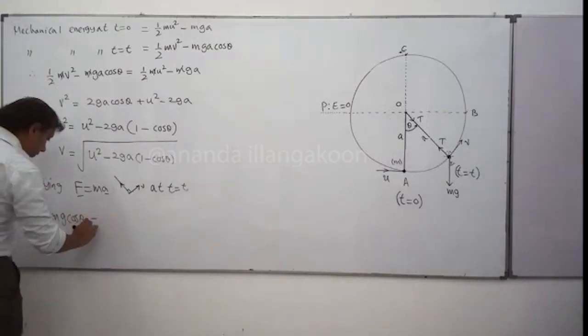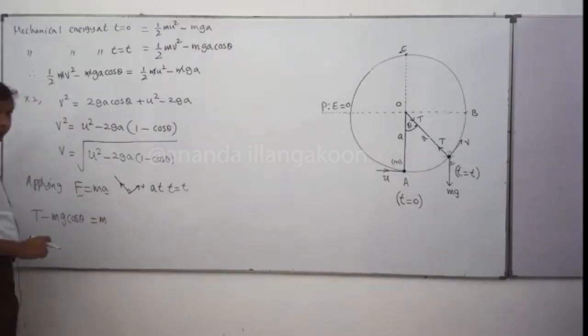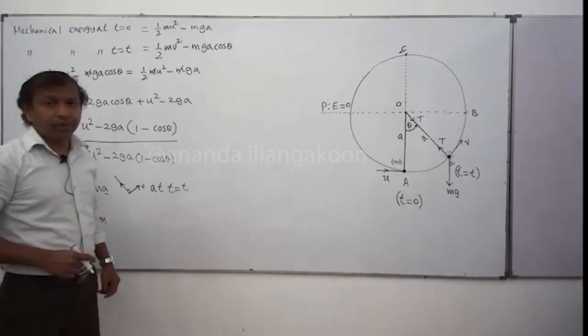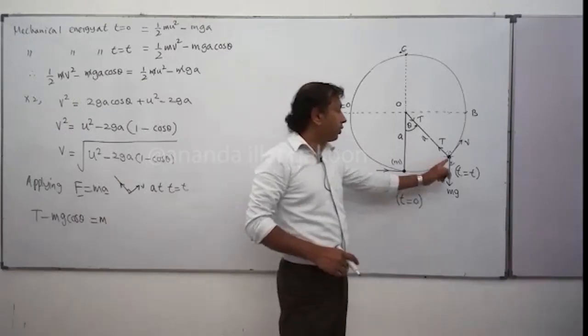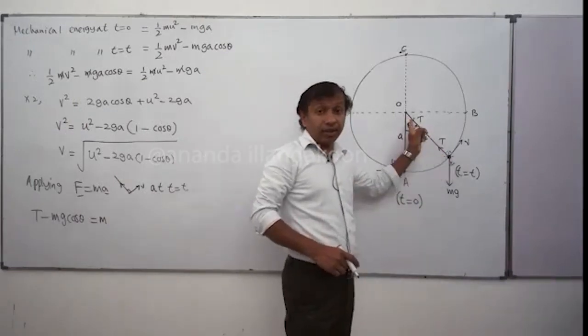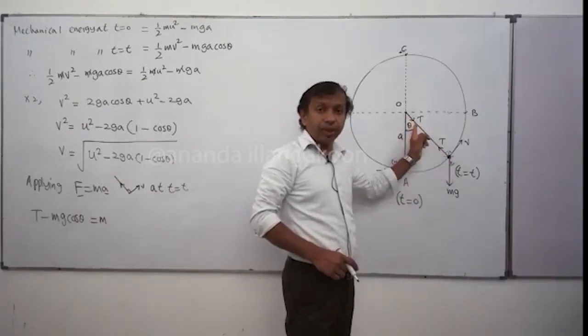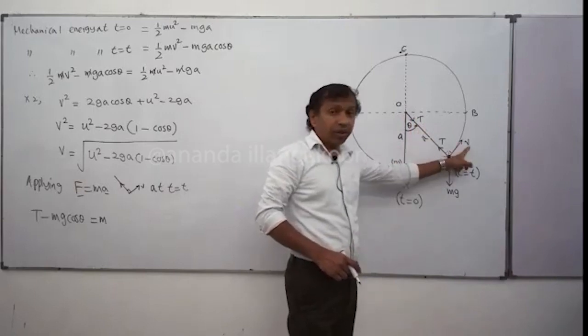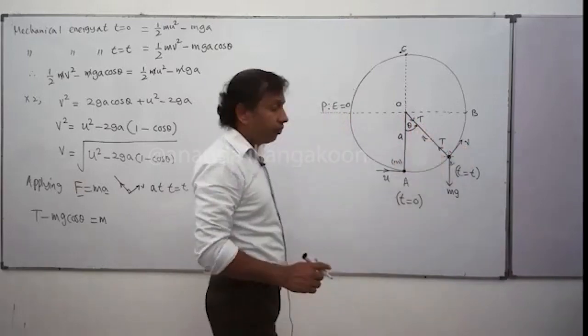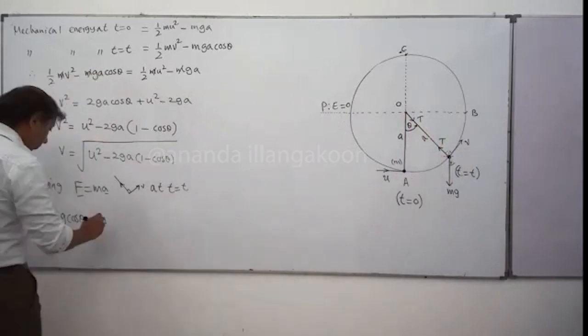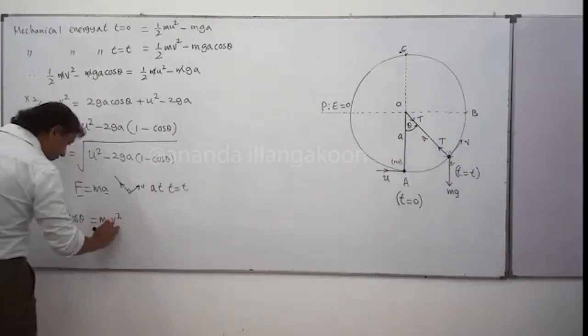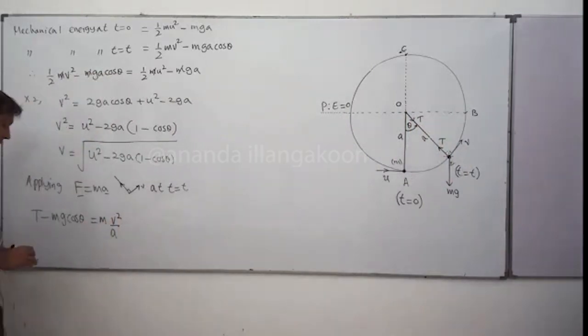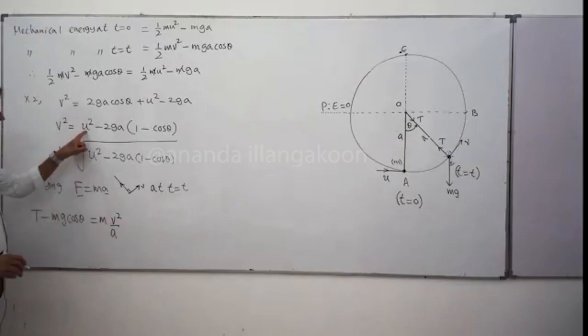T minus mg cos theta, the centripetal force, is equal to m, the mass, times acceleration in the direction of the center, the centripetal acceleration. It is v squared divided by a, right? Then you can substitute for this v squared by this answer.